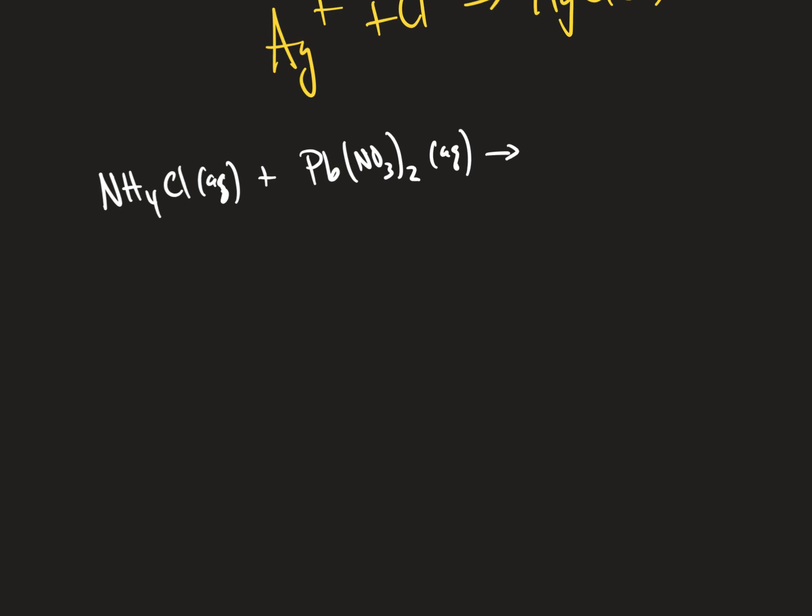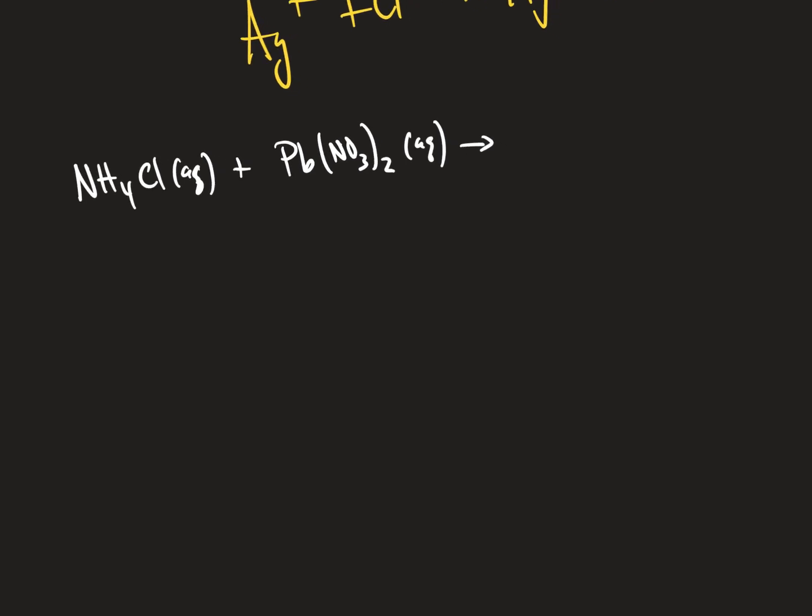What happens? Cation swap partners, right? You can tell me one compound that's created.